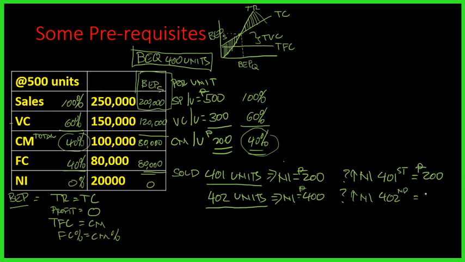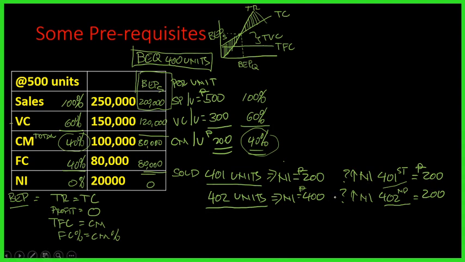Kunyari may sumagot, the answer will still be 200. Bakit 200? Kasi 1 unit lang and each unit will contribute 200. Hindi gaya dito, it's asking for your total net income, 401 units, 402 units. Dito, increase in net income lang.